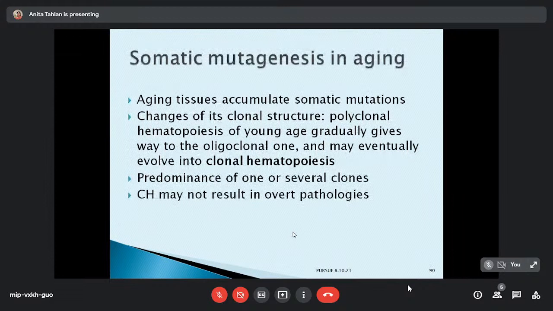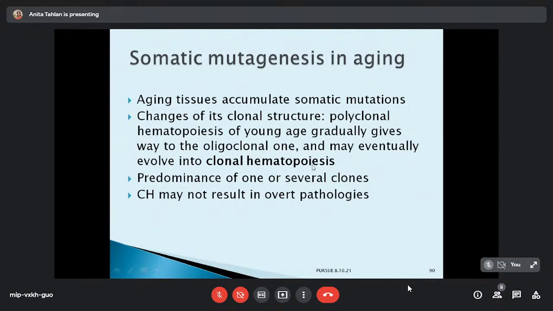When these cells are dividing, they tend to accumulate somatic mutations. Initially there is polyclonal hematopoiesis, which is there in young age, but gradually this polyclonal hematopoiesis gives rise to an oligoclonal one, and at some point these oligoclonal hematopoiesis may even become clonal hematopoiesis.